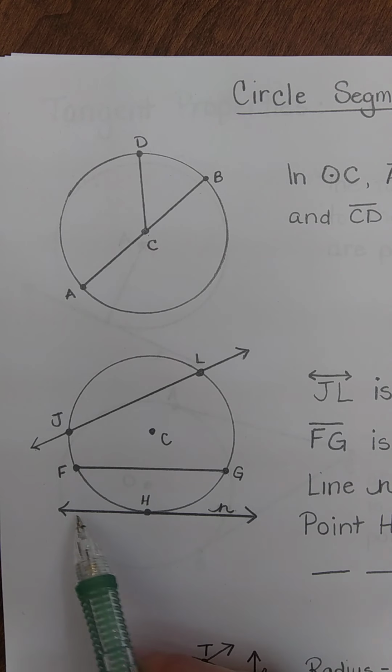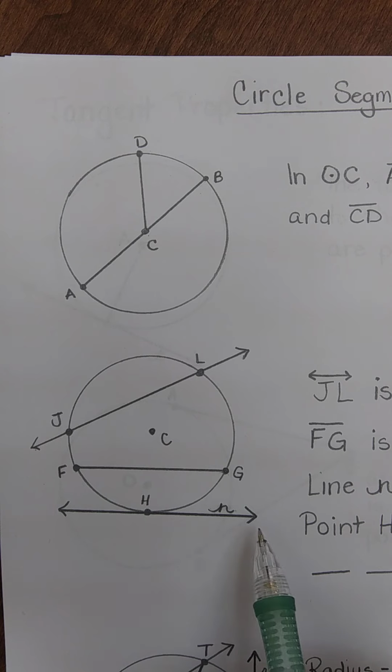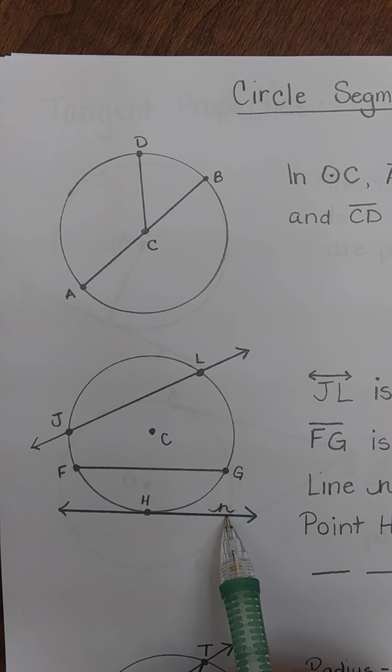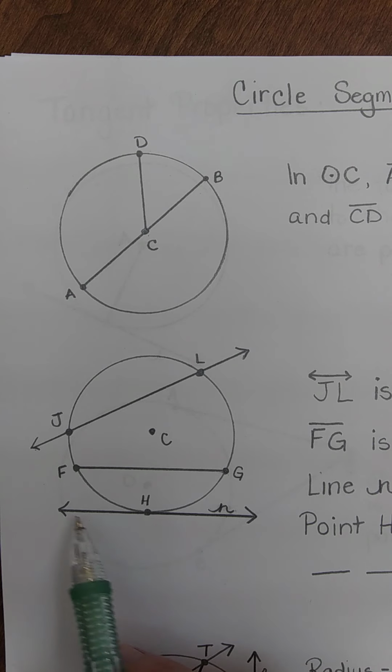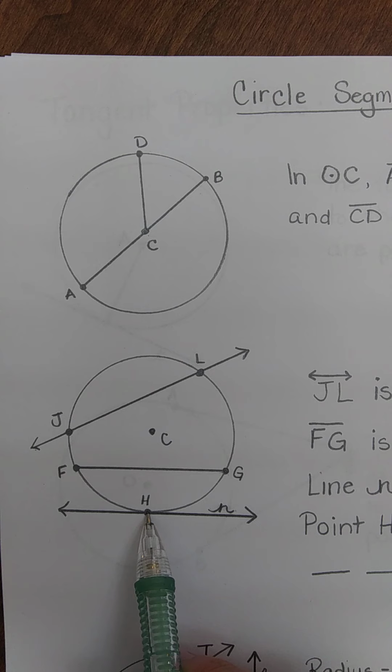And then we have this last one out here, line n, and we know most lines are named by a cursive lowercase letter. Why, I don't know, but that's the way it is. So we usually have like a lowercase n, L, T, M, whatever the letter might be, but it's usually going to be lowercase cursive. And it happens to touch the circle right here at this one point, that's H. And so this line that touches the circle one time, you will notice that line never goes inside of the circle. It stays on the outside.